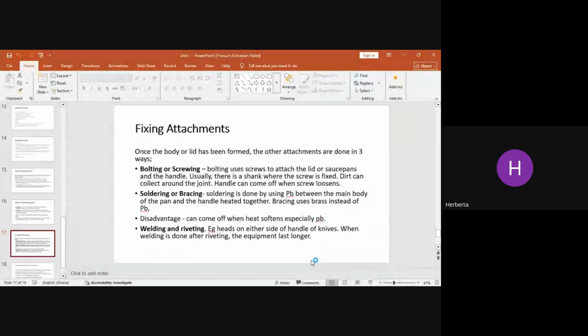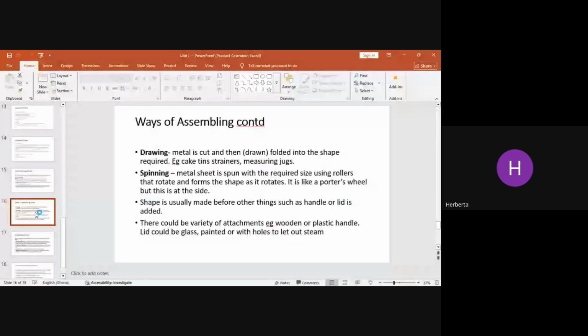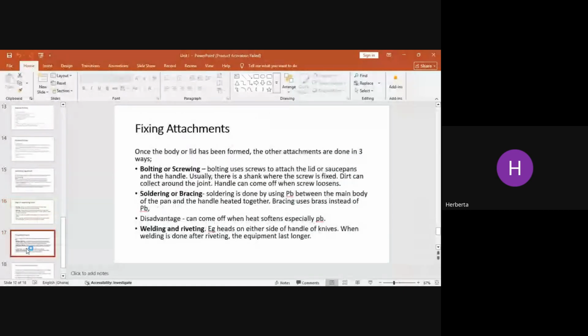It is the method of making that involves cutting the metal into strips. Then you use it to design the type of handle that you want. Then you use bolts or screws to screw it at the side where the handles are supposed to be.